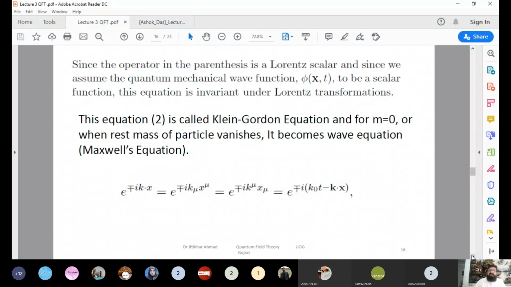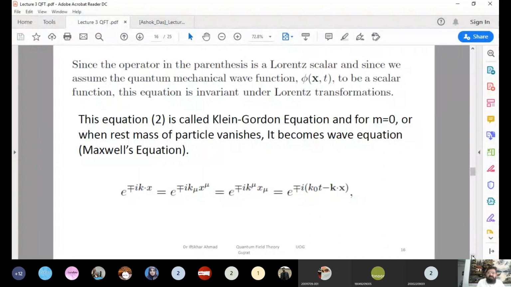Since the operator in the parenthesis is a Lorentz scalar, and phi is a scalar function, that is actually the wave function in space and time, this equation is invariant under Lorentz transformation. Everybody knows the meaning of invariance.